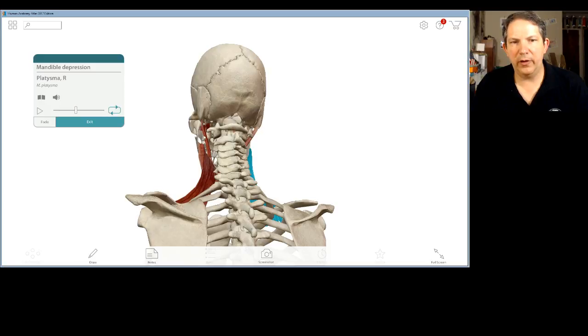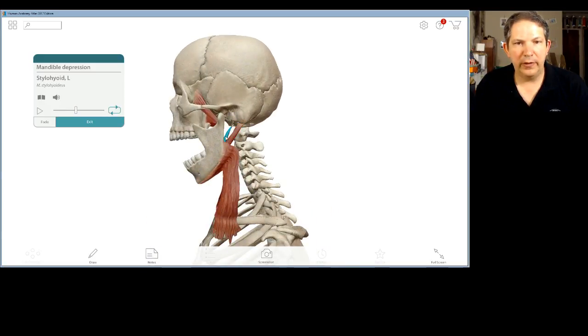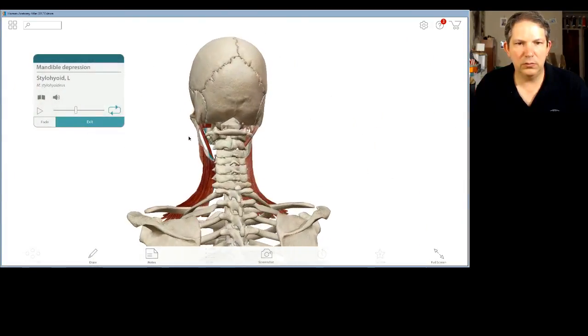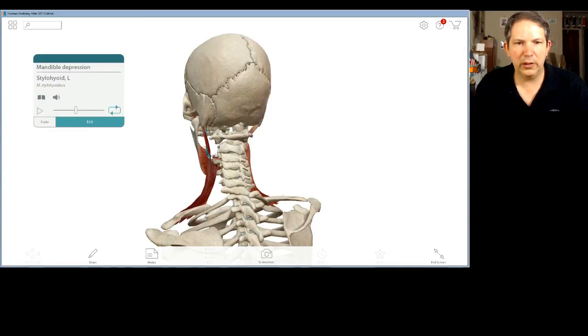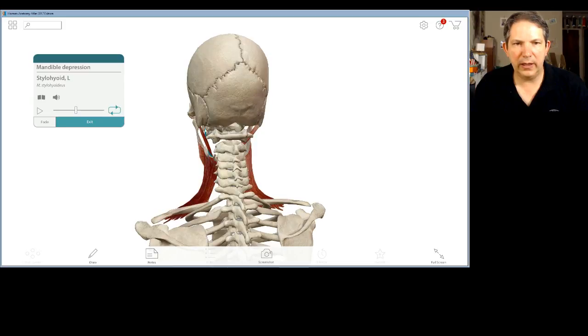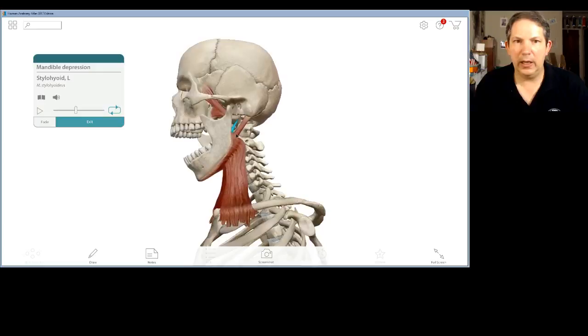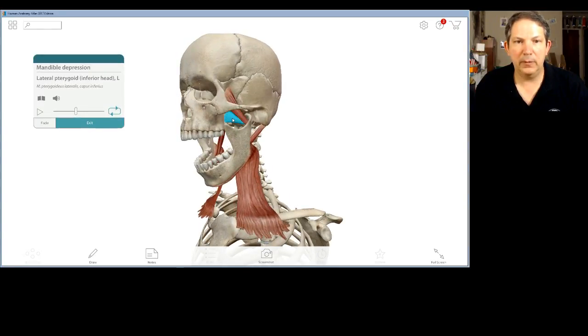Now there are some other muscles involved, the digastric muscle, the stylohyoid muscle, which there it is, to the hyoid bone and the styloid process. That's kind of confusing, a cool little muscle. Not going to be talking about it.